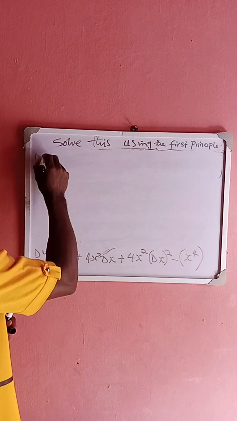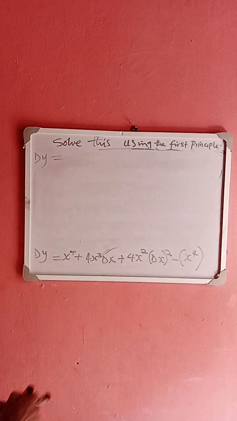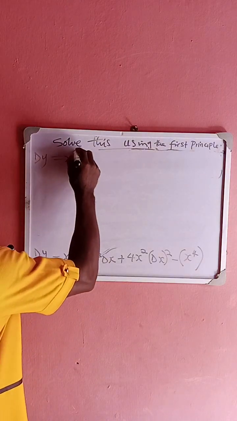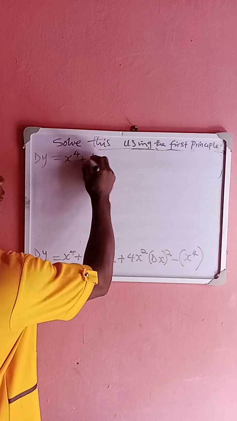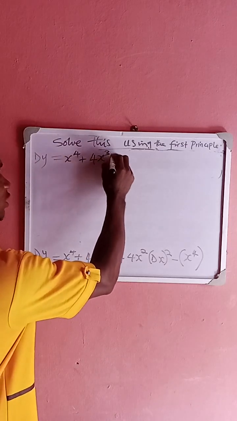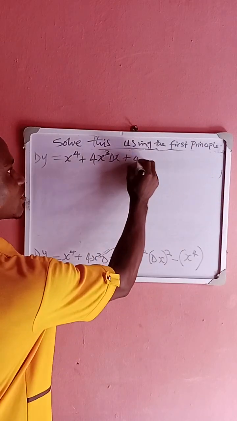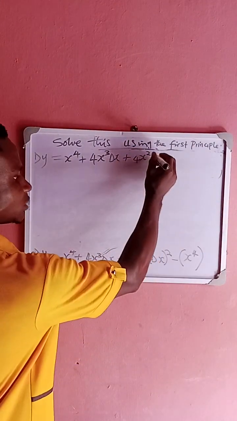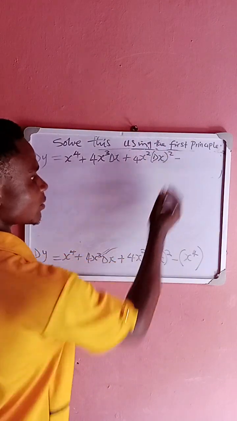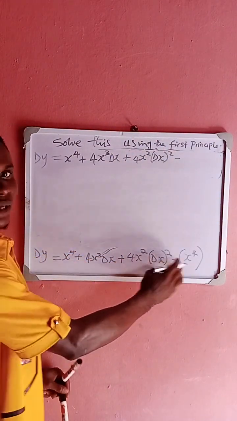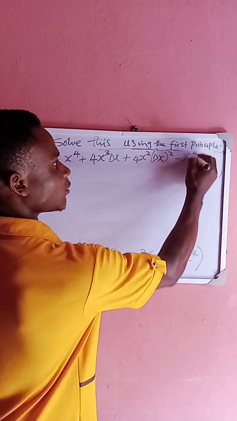We have change in y is equals to x raised to the power of 4 plus 4x raised to the power of 3 change in x, then plus 4x raised to the power of 2, then change in x raised to the power of 2, then minus x raised to the power of 4.